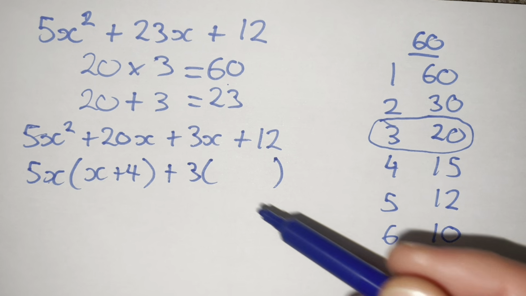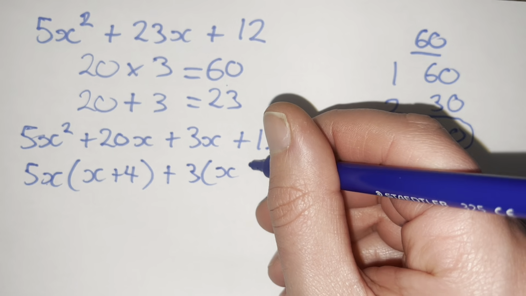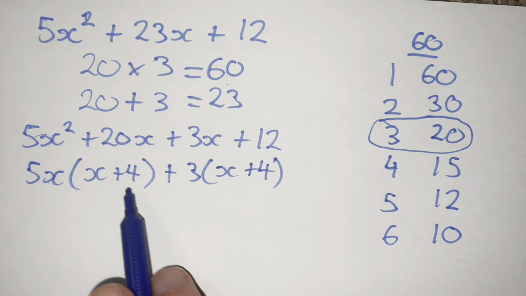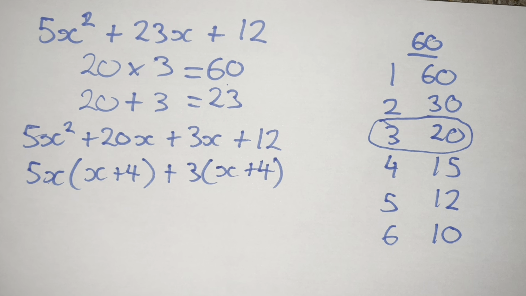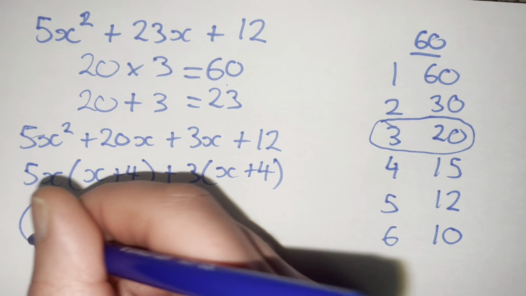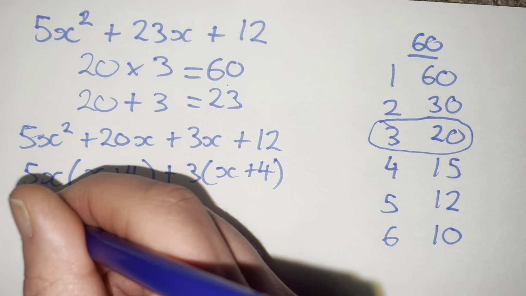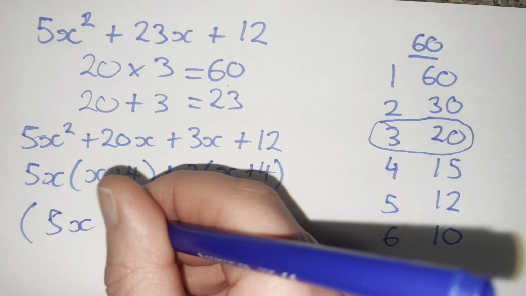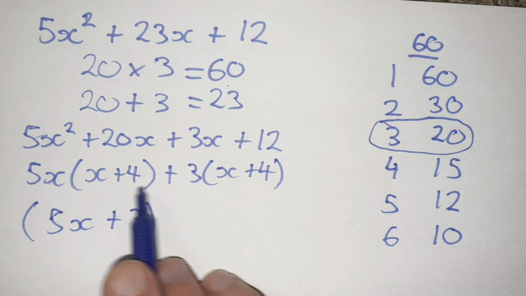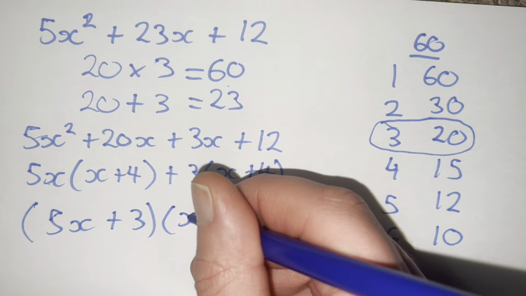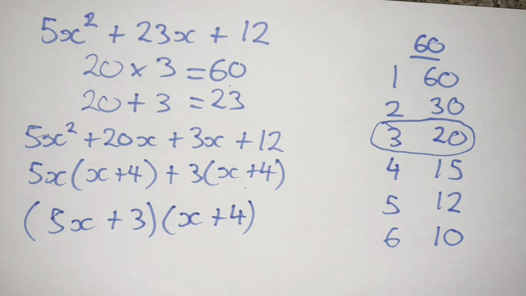And again, in my brackets, I get x plus 4. We see that these two brackets match each other. So now we've got these matching brackets, I can factorise that out, and I get my double brackets of (5x plus 3)(x plus 4). So my final answer when I factorise this expression is (5x plus 3)(x plus 4).